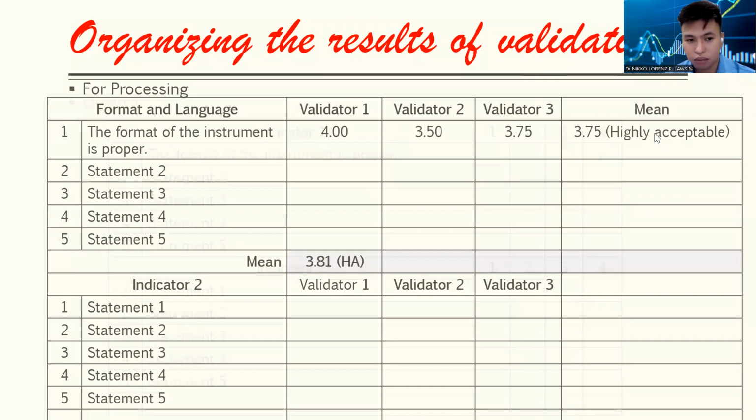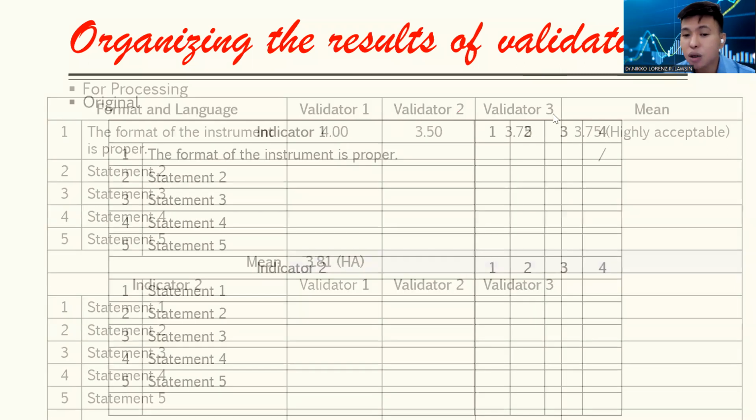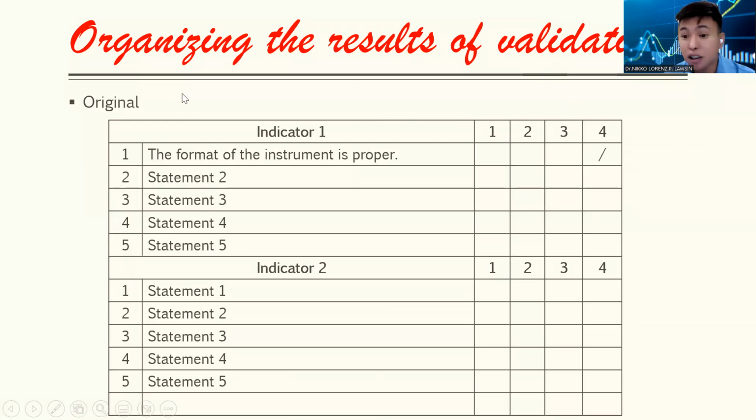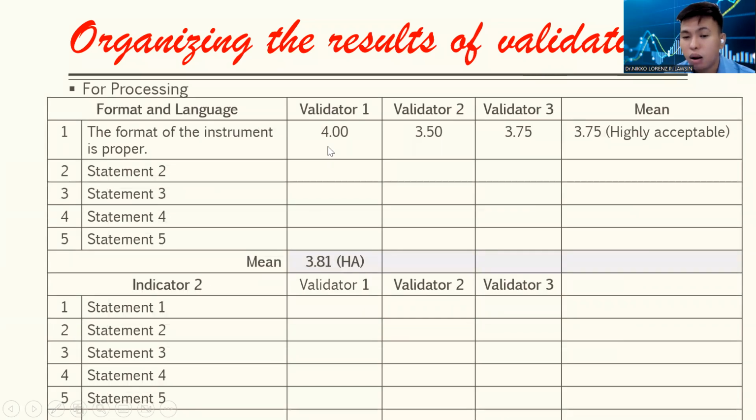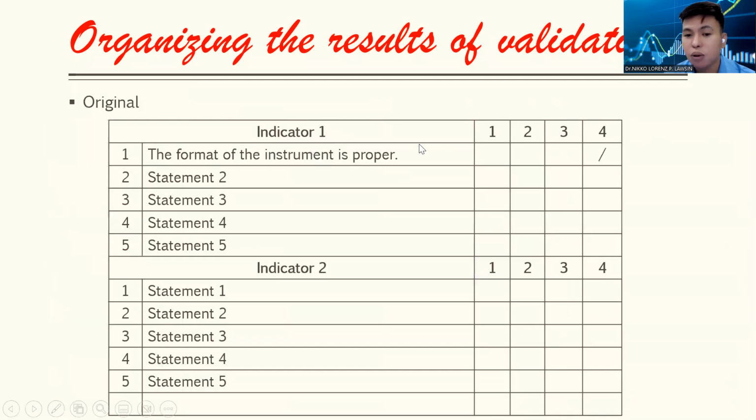Therefore, when you process them, the answer of validator number one, 4. So you put it here, 4. Example, your validator number 2, it shows 3.5, the mean score here. For example, 4, 4, 4, 3, 3, and the mean score becomes 3.5.